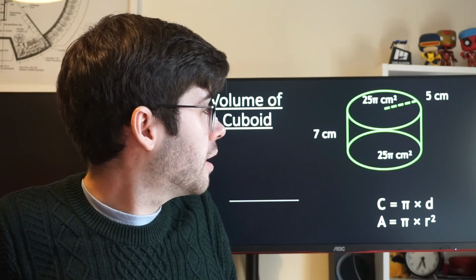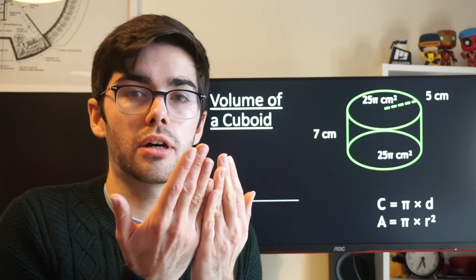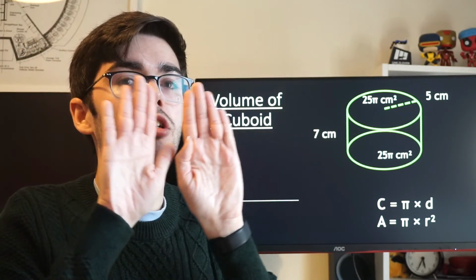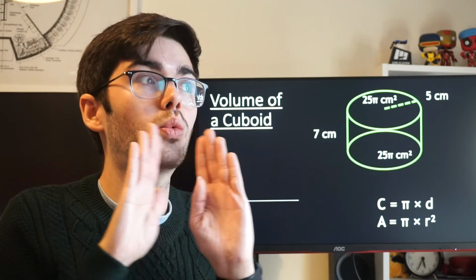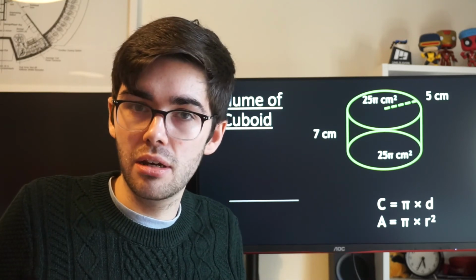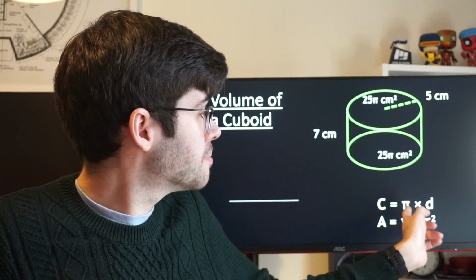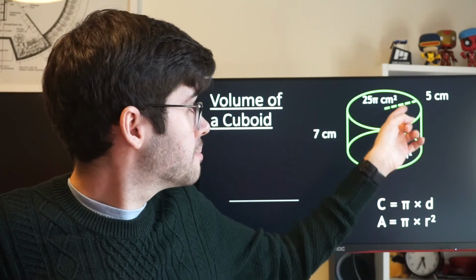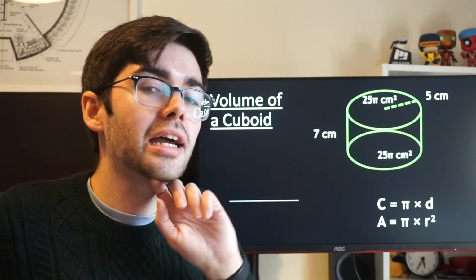How are we going to find the wrap around the outside? We know its height is 7, but what is the distance it has to go around the outside? It has to go around the outside of a circle. The circumference is what we need to know. Okay, circumference is pi times diameter. What would the diameter here be?